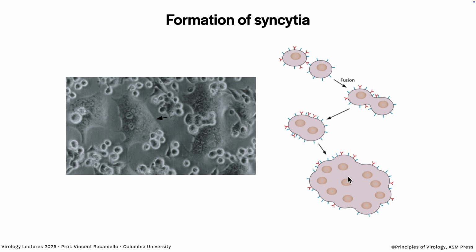And that can happen over and over to get these giant multinucleated cells, which are called syncytia. And here's a picture of one in culture. You see single cells and then giant cells like this one. This is typical of paramyxoviruses and other viruses like measles virus.